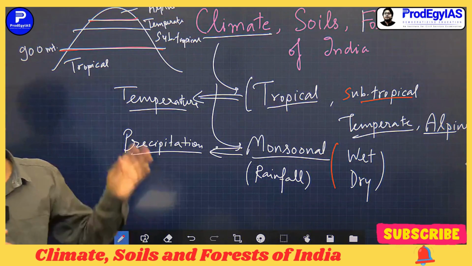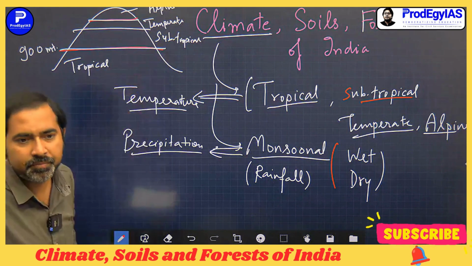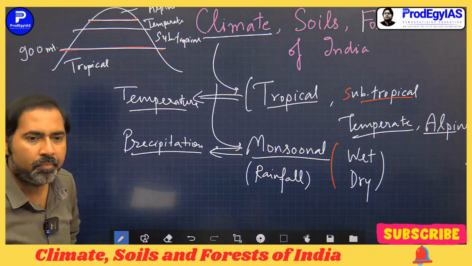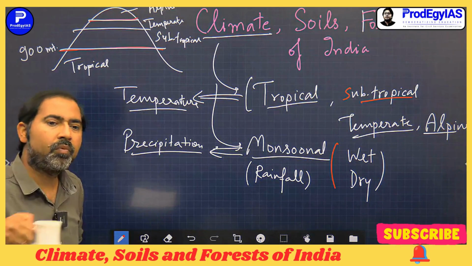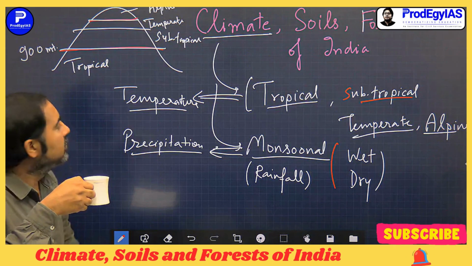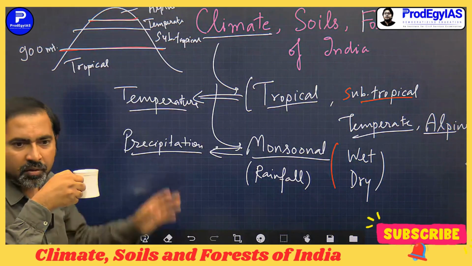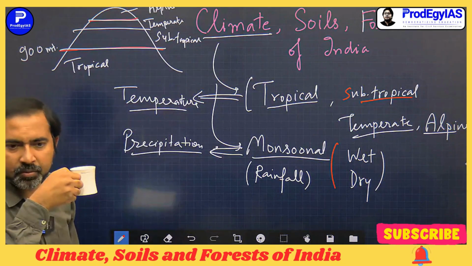And in your Himalayan areas, such type of classification can be found. Tropical climate can be found up to this height in any part of India. Means from tropical to subtropical, it happens only with altitude.